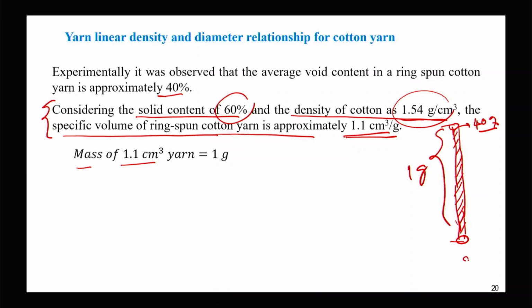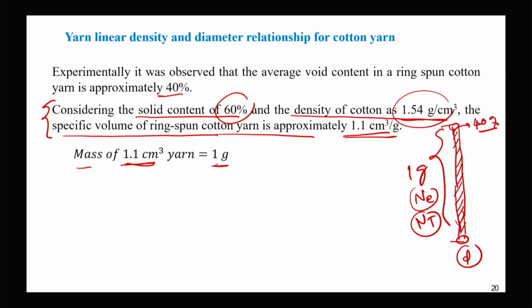Now, if we know the diameter as D, and if we know the English count or tex, we can calculate the length of the yarn in 1 gram.